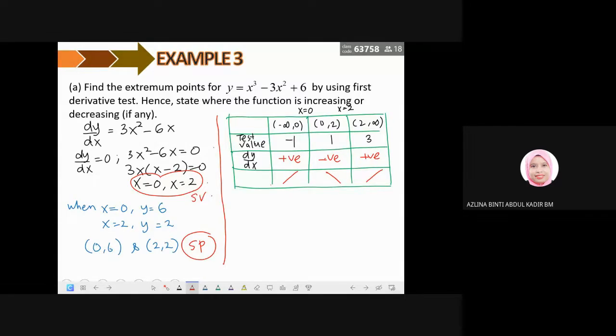So the change from increasing to decreasing occurs at a maximum point.